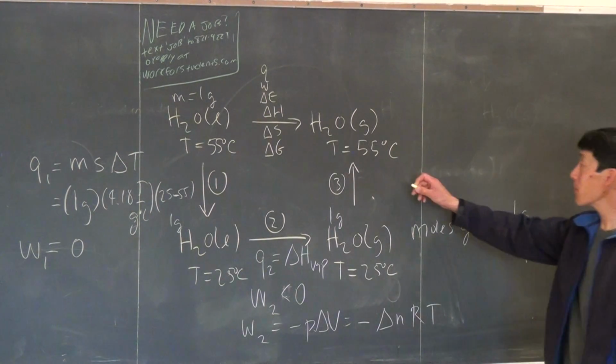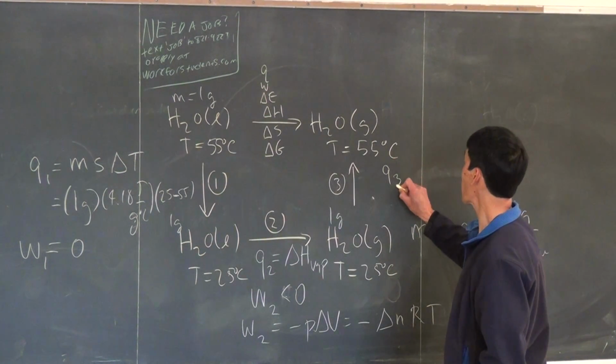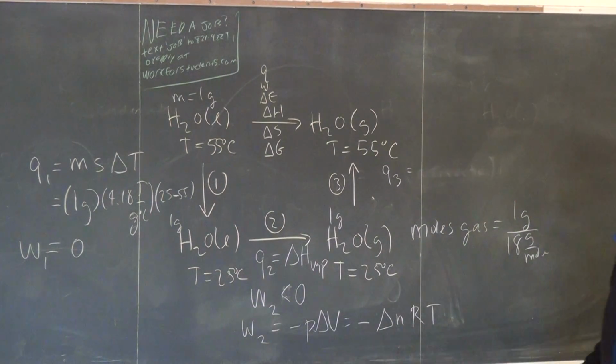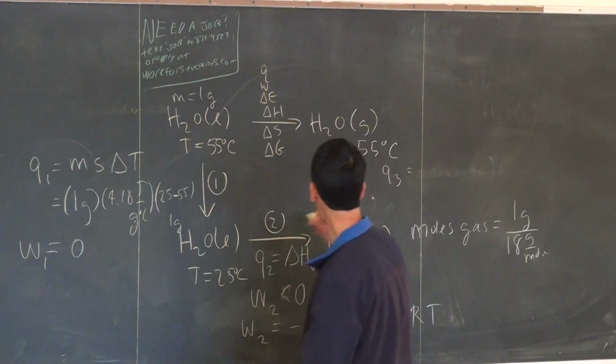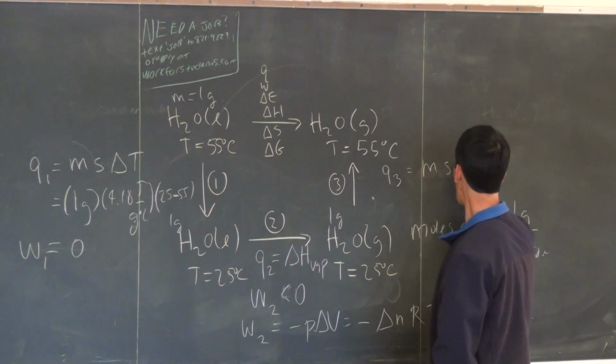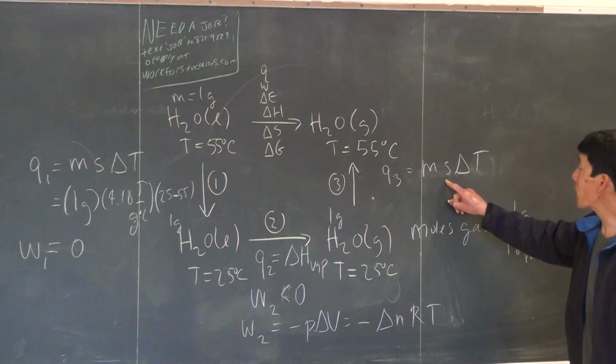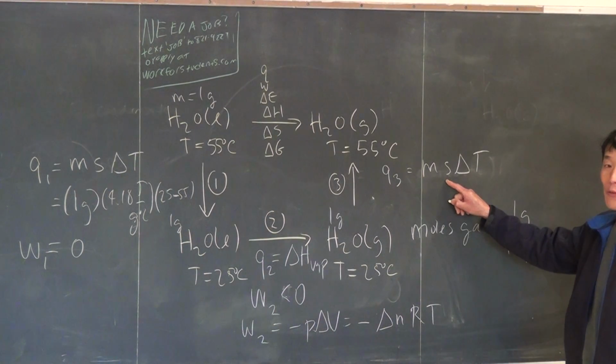For the third step, how do we calculate Q3? M S delta T. So what formula will we use? M S delta T. Yeah, M S delta T. Now, we'd have to look up the specific heat of steam, which is different than the specific heat of water in the liquid state.